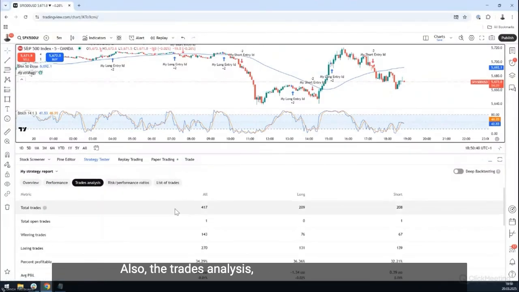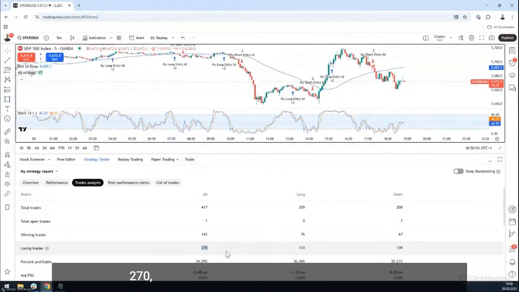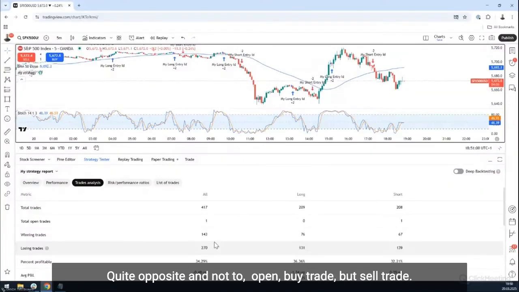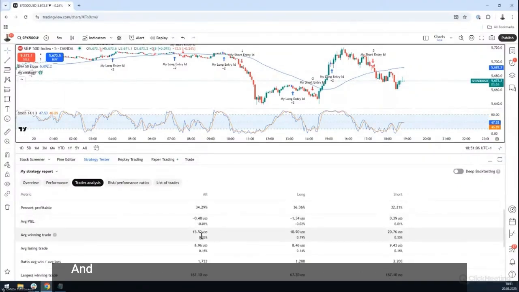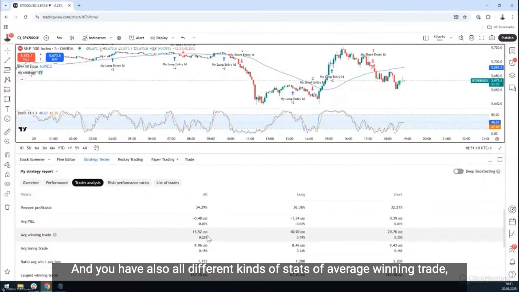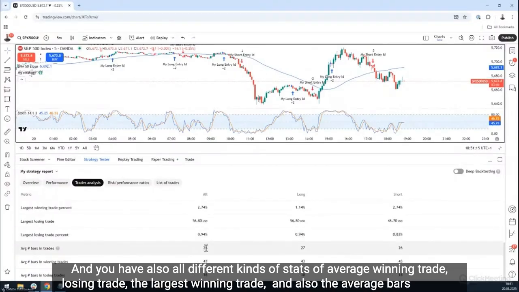Also, the trades analysis: total trades 470, total open trades 1, winning trades 143, losing trades 270. So maybe I was supposed to do something quite opposite, and not open a buy trade but a sell trade, and maybe it would be a much better performance. And you also have all different kinds of stats: average winning trade, losing trade, the largest winning trade, and also the average bars in trade.